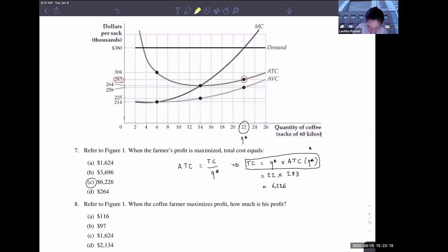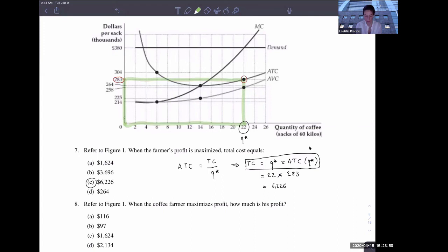So you go until Q equals 22 here, and you move up until you reach the value of the ATC for that quantity. And this area is going to represent the total cost.